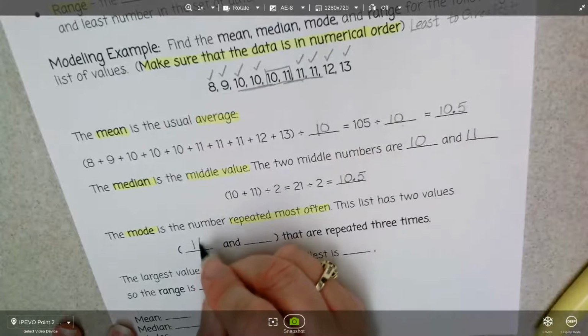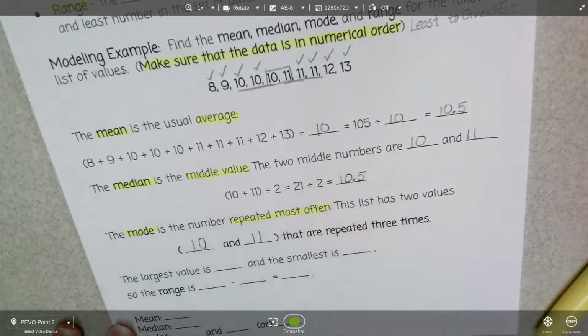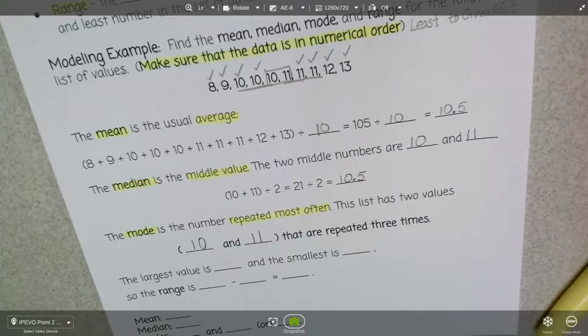So 10 and 11 are both repeated. It's okay: you can have two modes, you can have one mode, you can have more than that. If you don't have one that's repeated more than any others, then you would write no mode. Do not write zero, because if you write zero, that's saying that you have a piece of data that's zero and it's repeated most often.